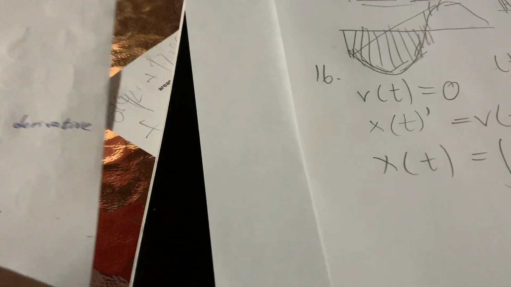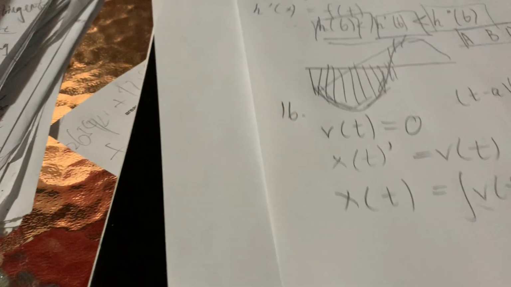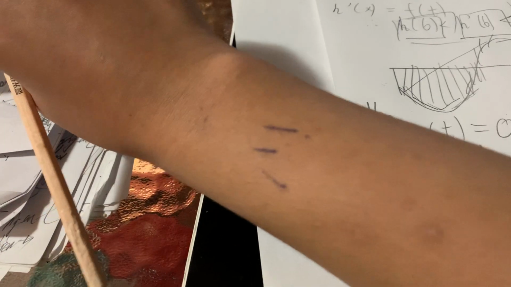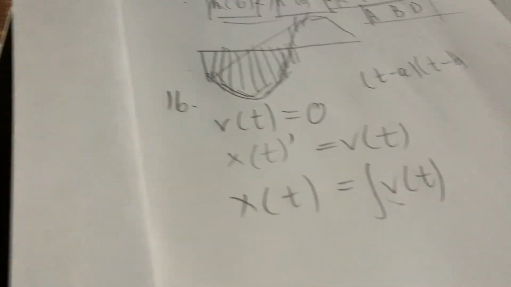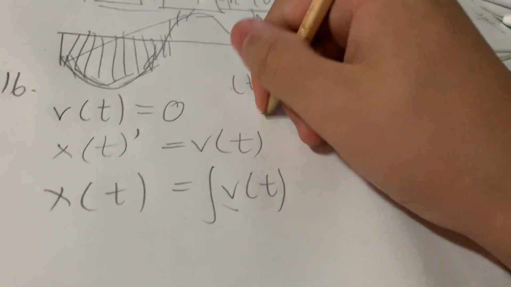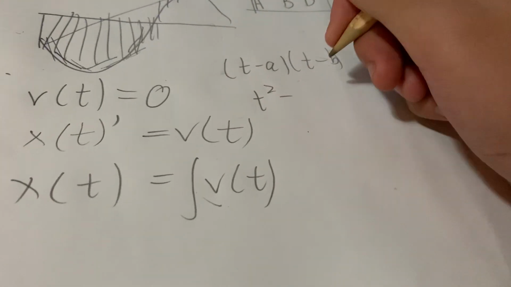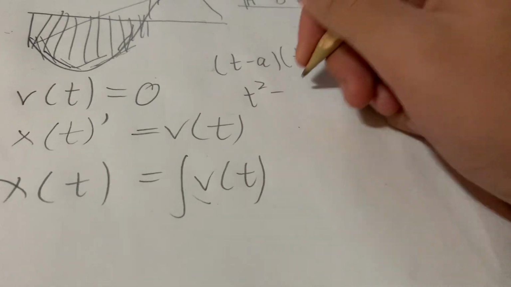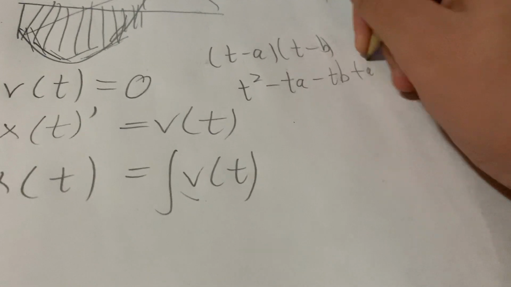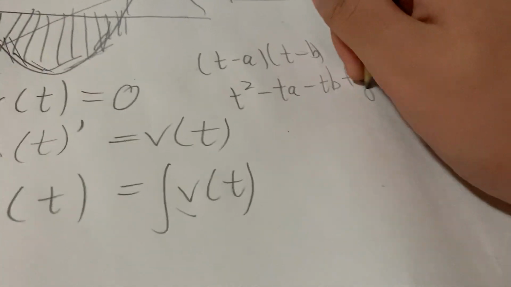So in this case, we first need to find the derivative of this, which is a bigger challenge in problem 16. Well, we can just expand it. So we know that t squared minus at minus bt plus ab. We treat ab as a constant, so its derivative is 0.